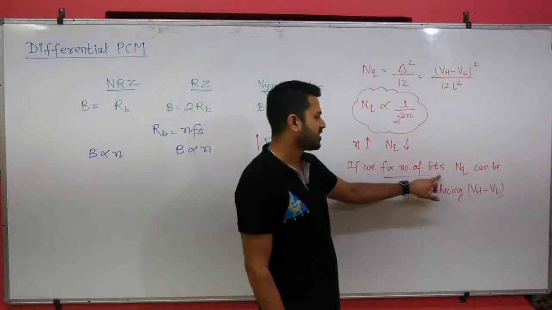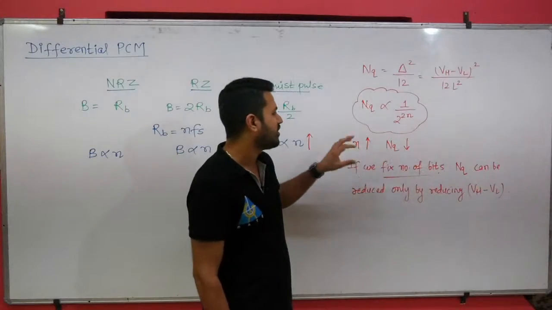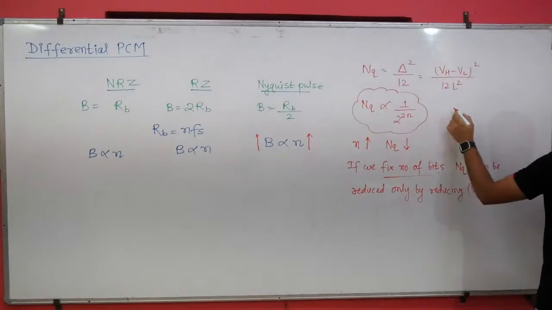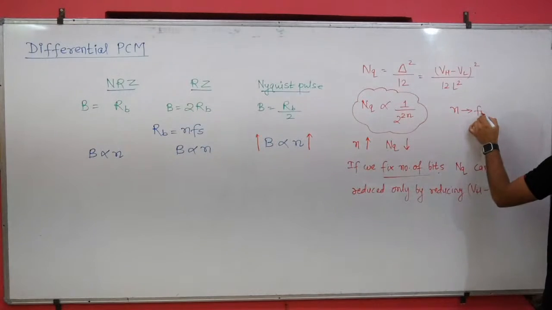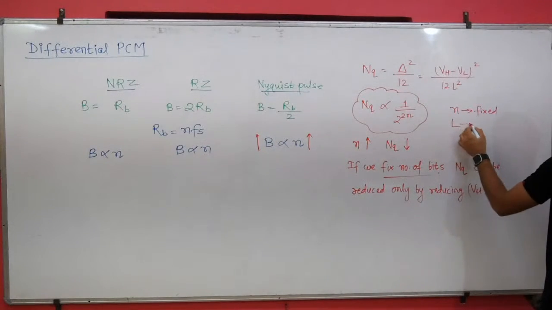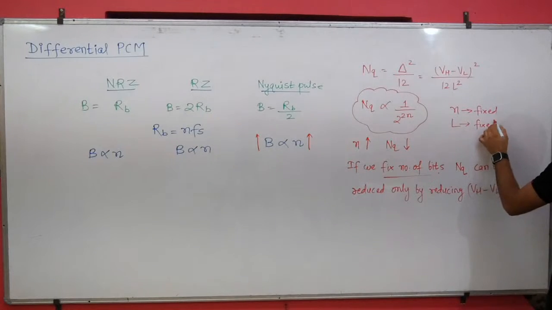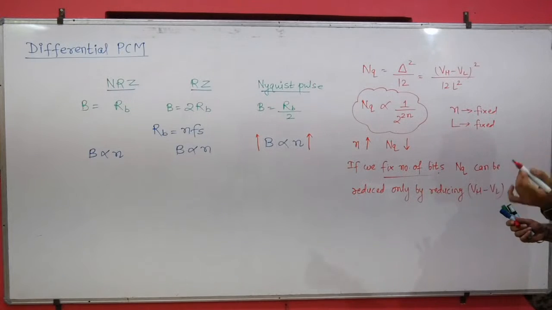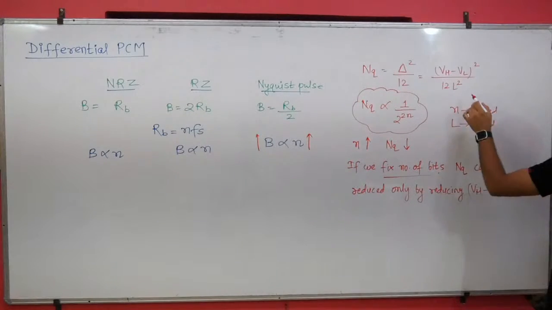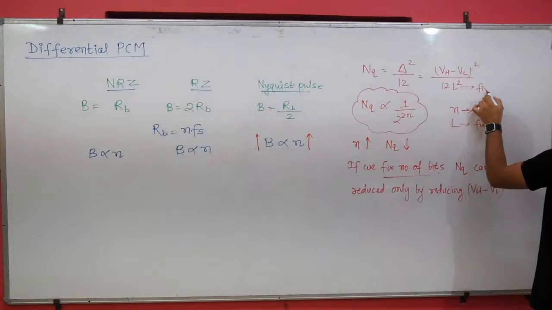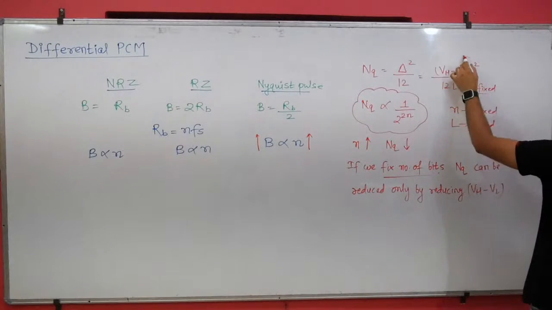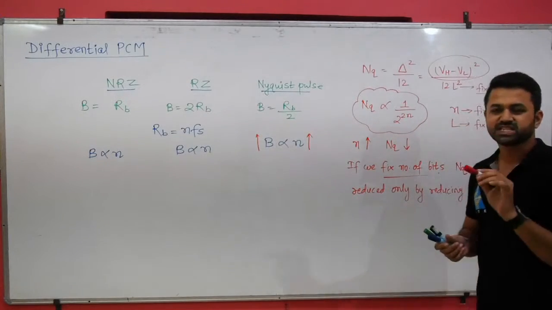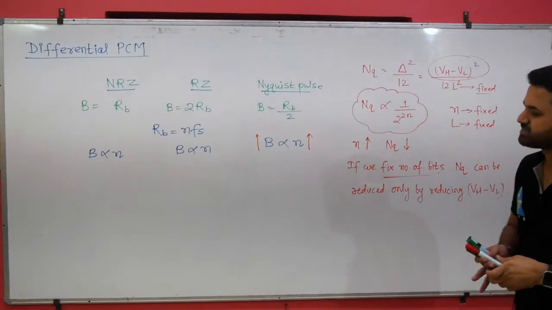If we fix the number of bits, n is constant, so L is also constant, because 2 to the power n is equal to L. So if n is fixed, the number of levels is fixed. Then only the term VH minus VL will remain, which can reduce the quantization noise power.